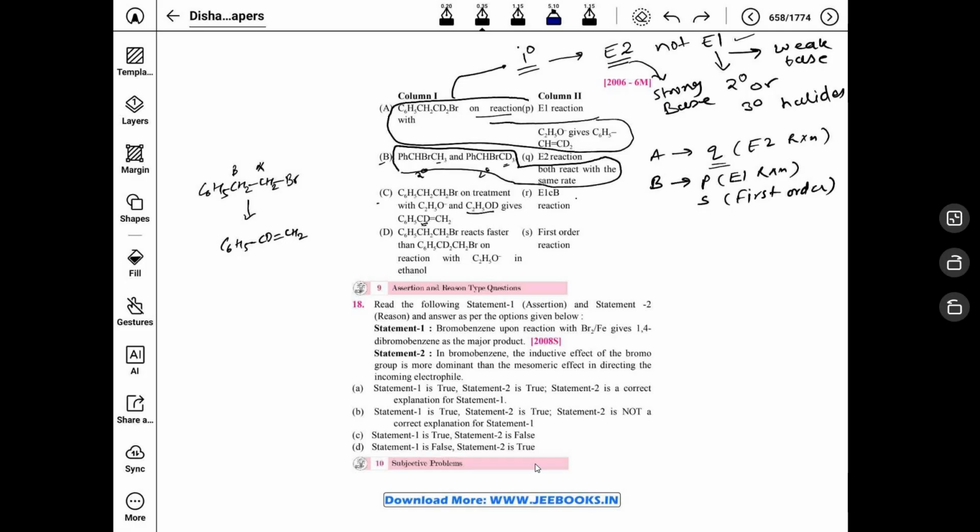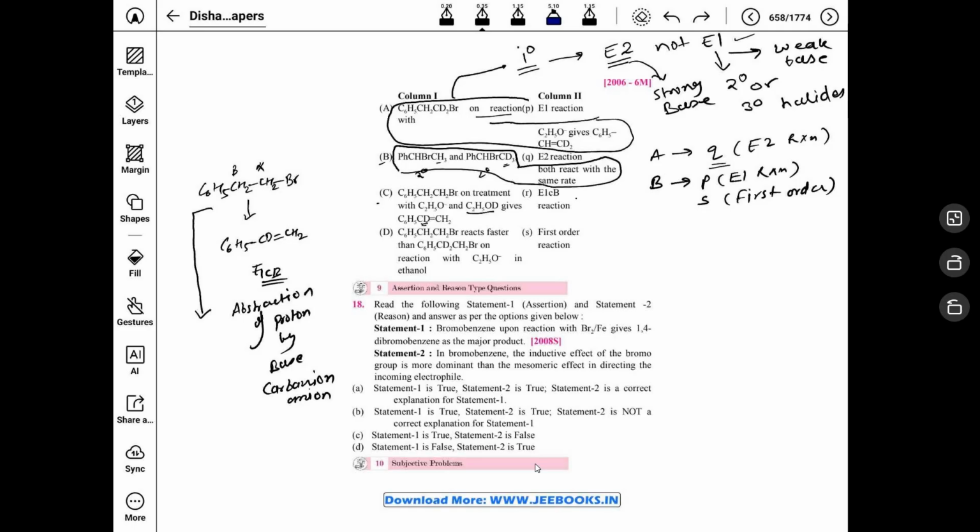So this is possible only when the reaction is following the E1CB mechanism, because in this reaction, first there will be abstraction of a proton by the base to give the carbanion, which is a conjugate base, and that's why the reaction name is E1CB, conjugate base.